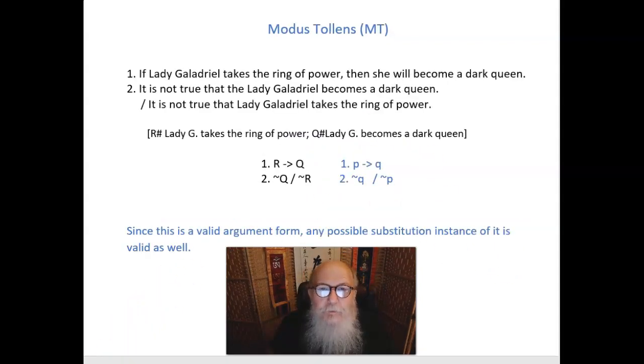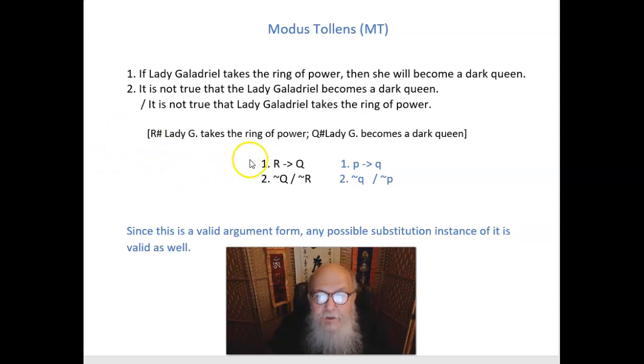Our second form that any educated human being should recognize is called modus tollendo tollens by the medievals, the mode or way that denies by denying, or simply MT. Consider our example. If Lady Galadriel takes the Ring of Power, then she will become a Dark Queen. It is not true that Lady Galadriel becomes a Dark Queen. Therefore, it is not true that Lady Galadriel takes the Ring of Power.